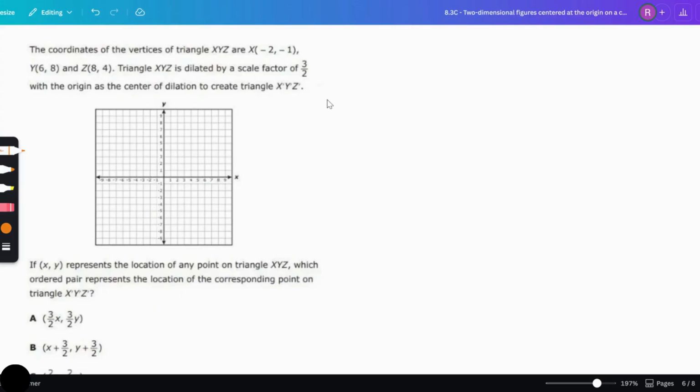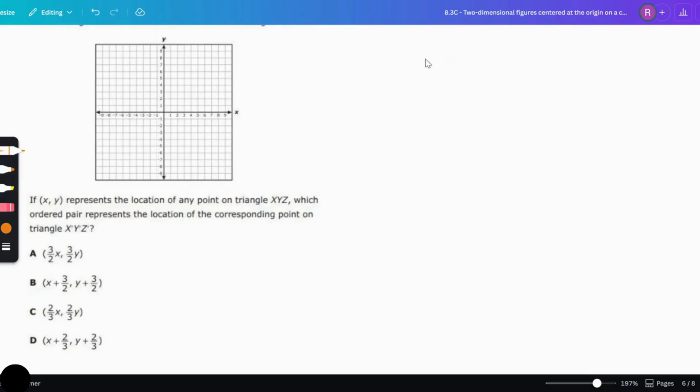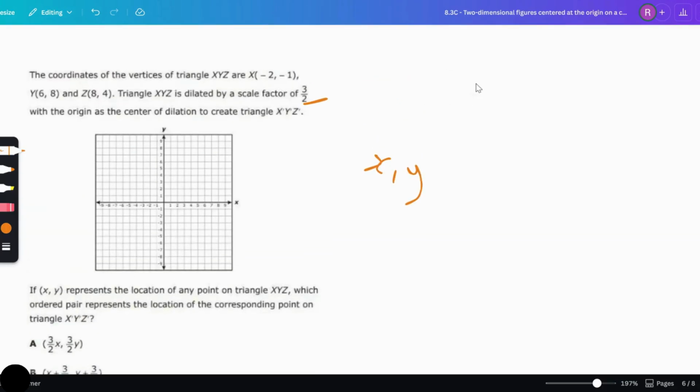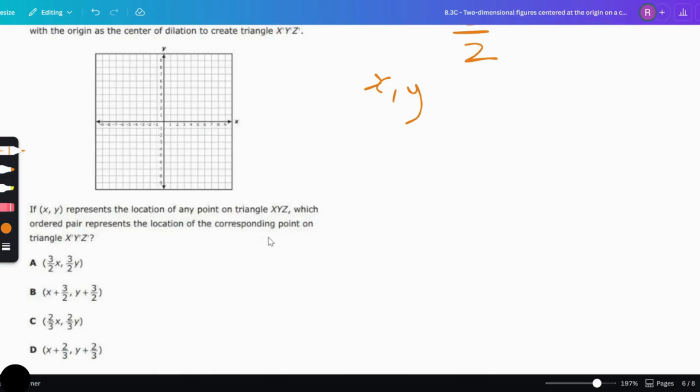Triangle XYZ is dilated by a scale factor of 3/2 with the origin as the center. So if X, Y represents the location, the scale factor is 3/2. Which ordered pair represents the location of the corresponding points on triangle X prime, Y prime, Z prime?